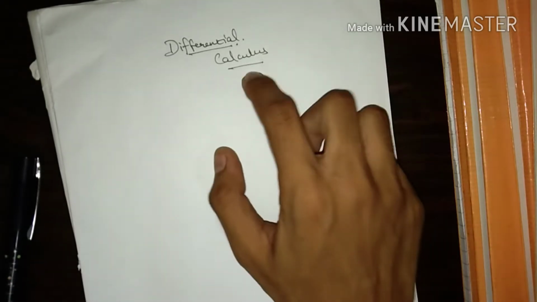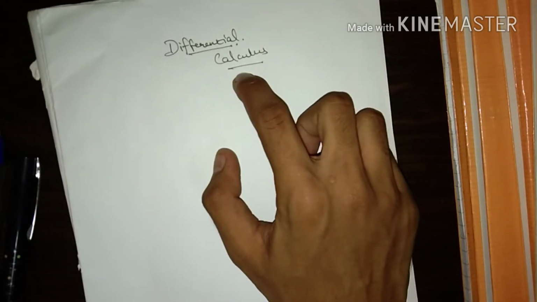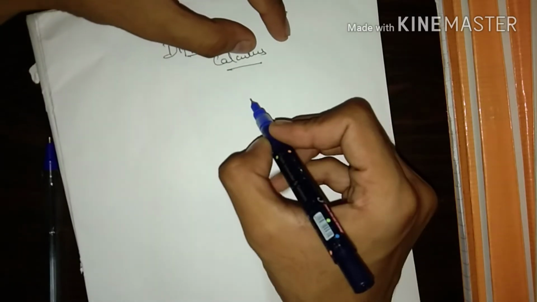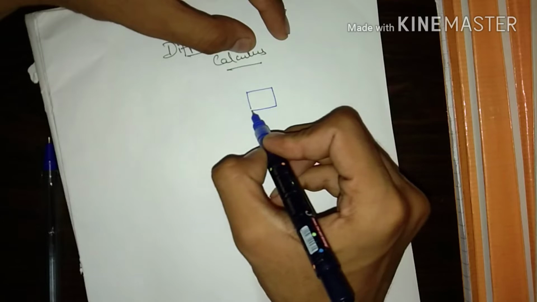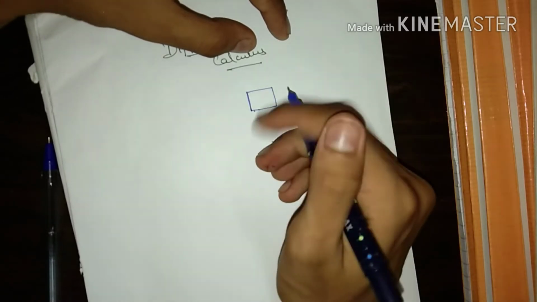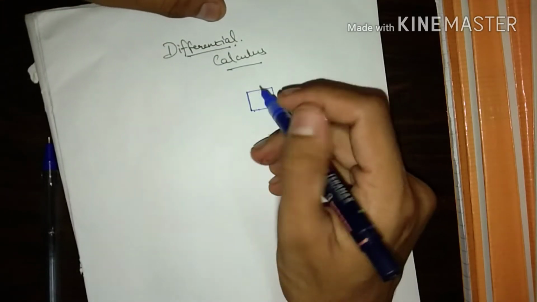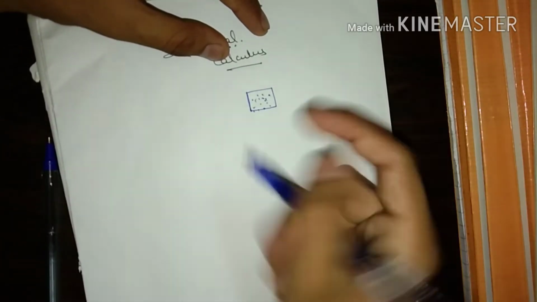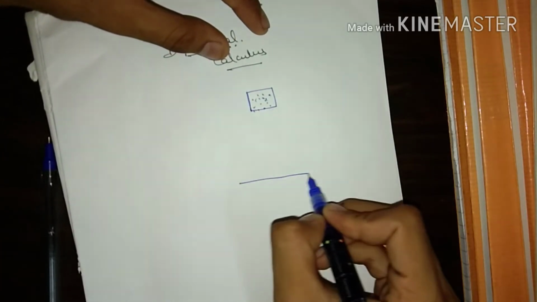First, you need to understand this term in simple terms. Let's consider a small box, an object with mass. Many particle and point masses together combine to form a total mass. Consider the ground to be here.